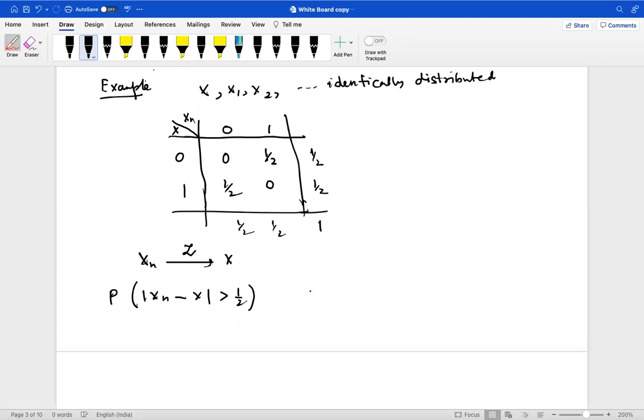This is greater than or equal to the probability that Xn minus X equals 1, and this is just 1. When Xn is 0, X is 1, and when X is 0, Xn is 1. So this probability is 1, it is not equal to 0, it cannot go to 0. Therefore Xn does not go to X in probability. So this is very important.